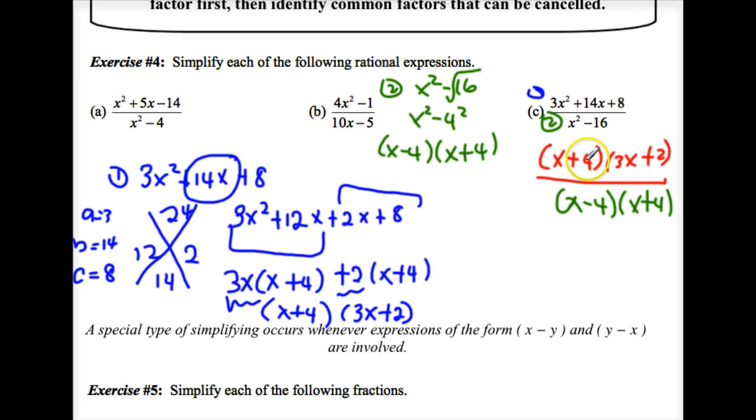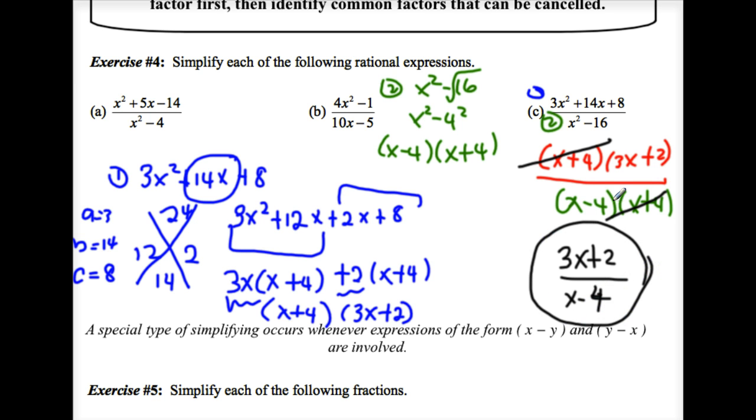Now that I factored my numerator and my denominator, is there any factor in common? Yep. They both have an x plus 4. So then what's left over is the 3x plus 2 over the x minus 4. That's my final answer.